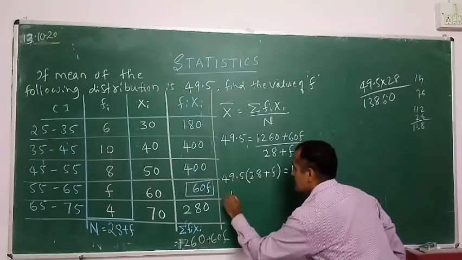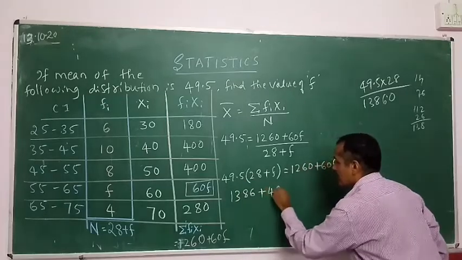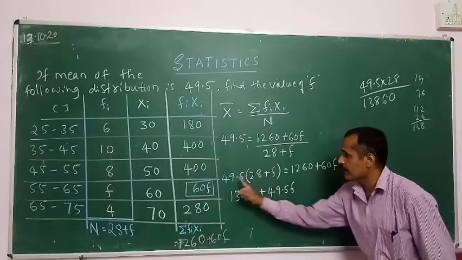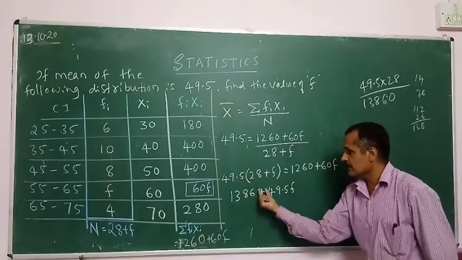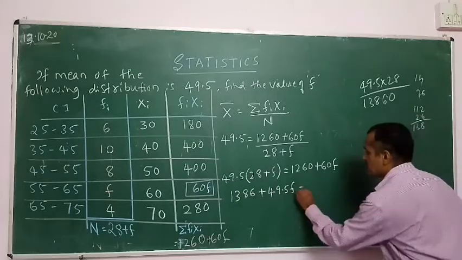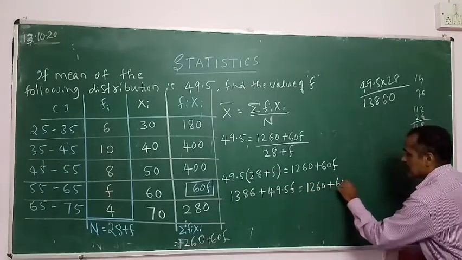The product of this is 1386 plus 49.5f. See, monomial into binomial. This into this gives you 1386 plus 49.5f. 49.5f is equal to 1260 plus 60f.